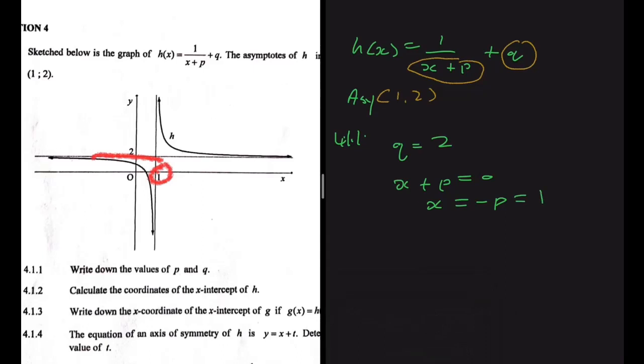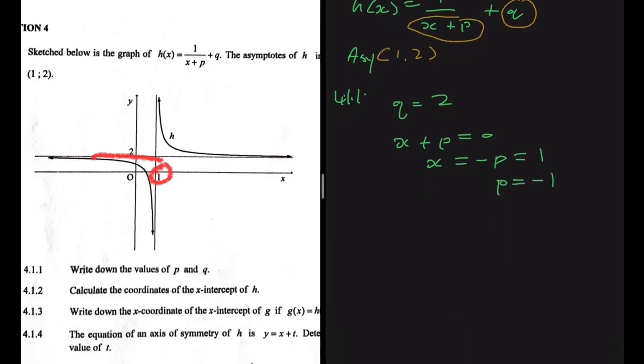Solving for p, we get p is equal to minus 1. So q is equal to 2 and p is equal to minus 1. Hence we have our asymptote at x equals 1, because if x is 1, then we have 1 divided by 0, which we're not supposed to have.